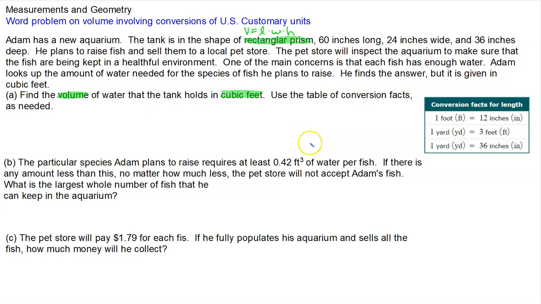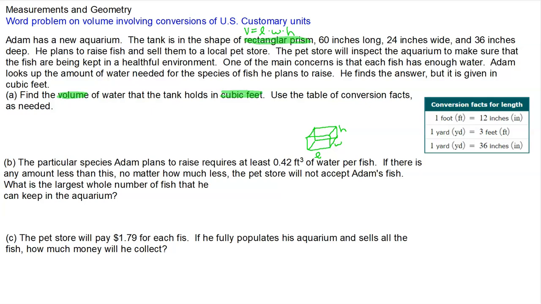A very poor attempt at drawing a rectangular prism might look something like this. Imagine an aquarium that looks something like that. So the length times the width times the height will give us the volume. That's how much water it can hold.